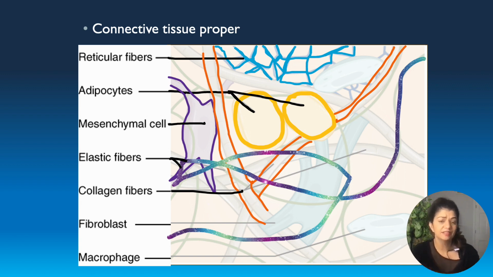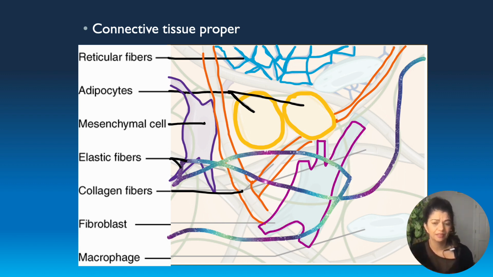So fibroblasts are cells that produce or secrete proteins that make up fibers in the extracellular matrix, and there's specialized types of connective tissue have specific names for their fibroblasts. For example, in bone, they're going to be called osteoblasts. In cartilage, they're called chondroblasts. So those are some examples of how it's going to look a little different.